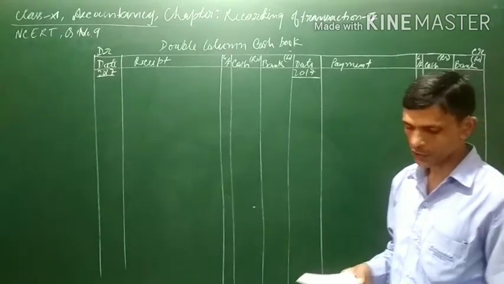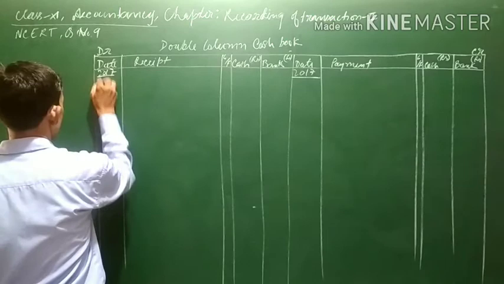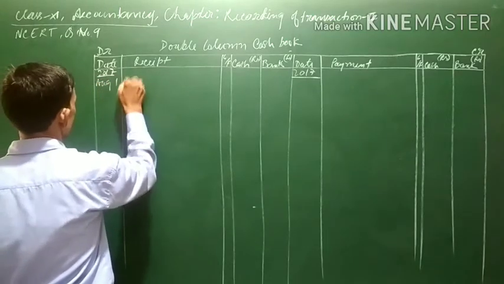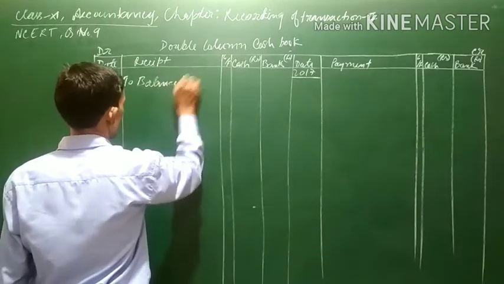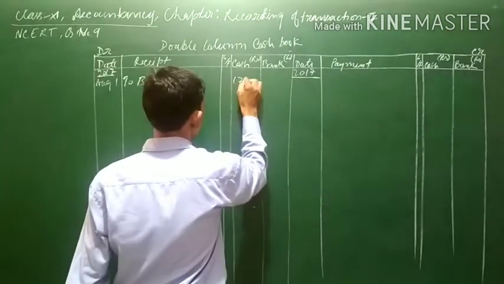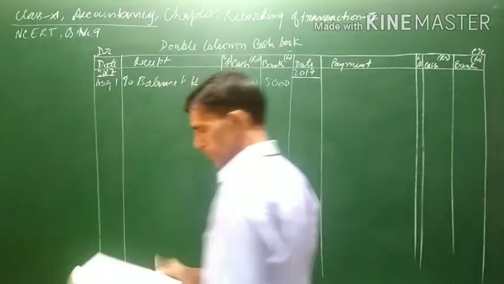So the balance will be written on the debit side of the cash book, that is on 1st of August, To balance brought down, 17,500 and 5,000. These were the two balances brought down.